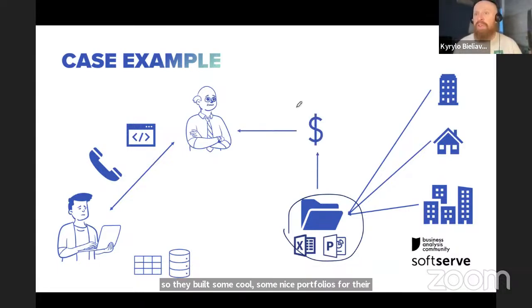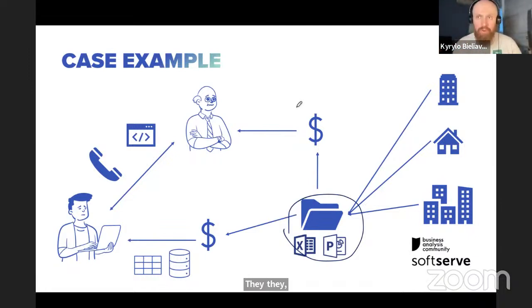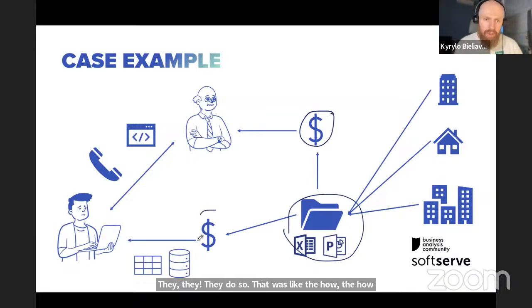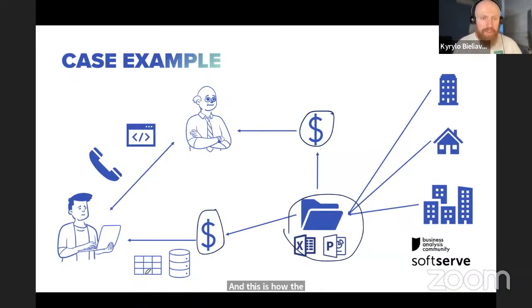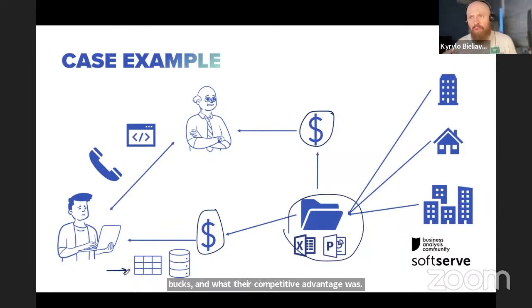They helped them earn good interest on their investment. They consulted them on the better portfolios, and they earned interest on each deal. So that was how the clients got their bucks, and this is how this company got their bucks. Their competitive advantage was that they had a really good database and understanding of how to build those portfolios. They were really good at that, and this is how they made their business work.